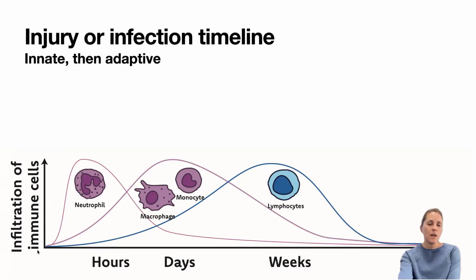And so in our first minutes to hours, we have this really rapid influx of these neutrophils. These neutrophils then release these granules. They also secrete cytokines and chemokines, which are proteins that help recruit other cells, like our second and our third cells, to the site of injury.